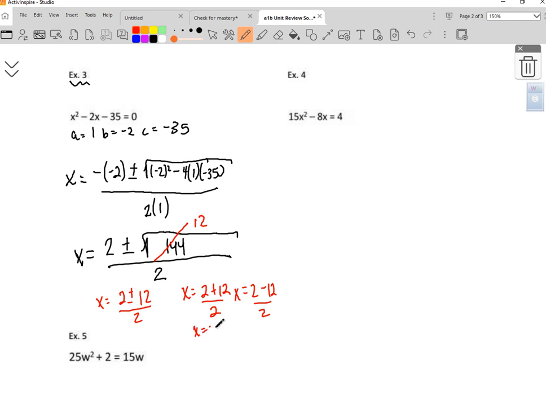So x equals 7, and now on your calculator, 2 minus 12 equals, divided by 2 equals negative 5, and we're going to write that in set notation. Negative 5, 7. Any questions?